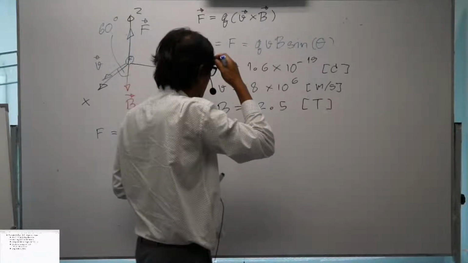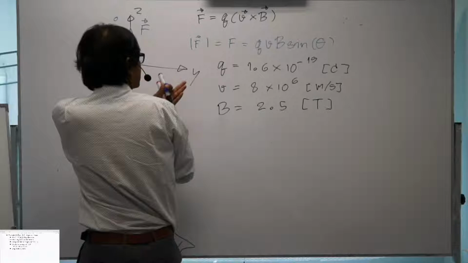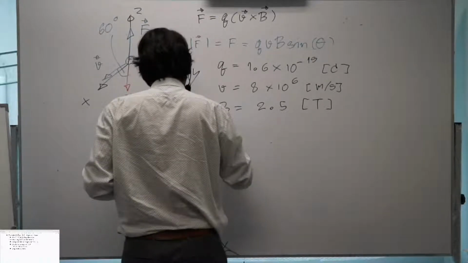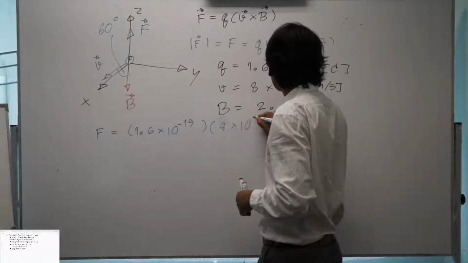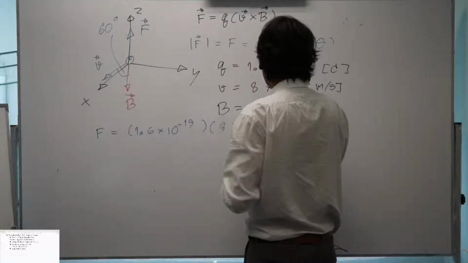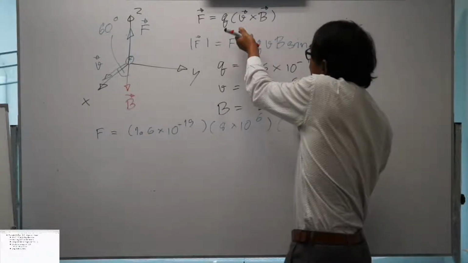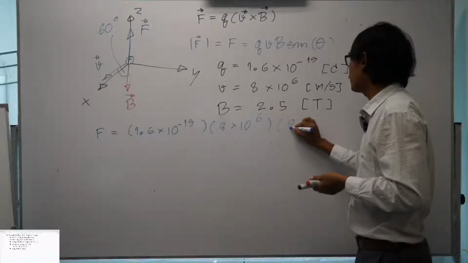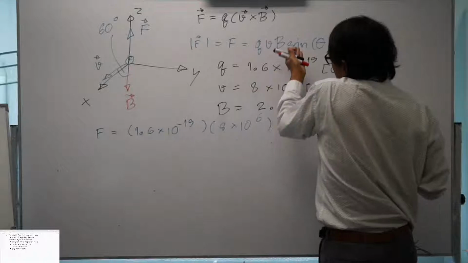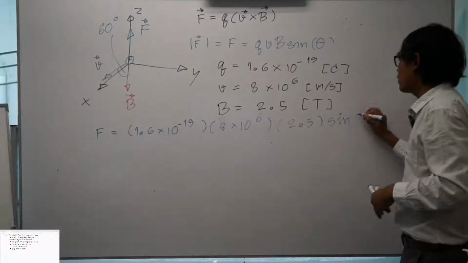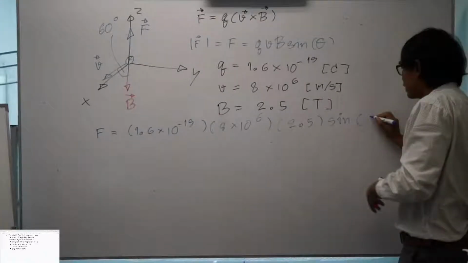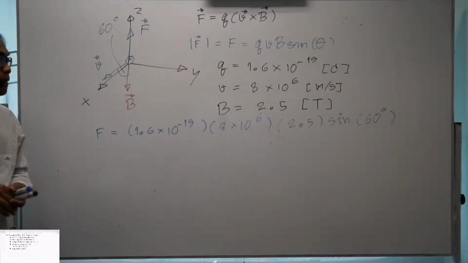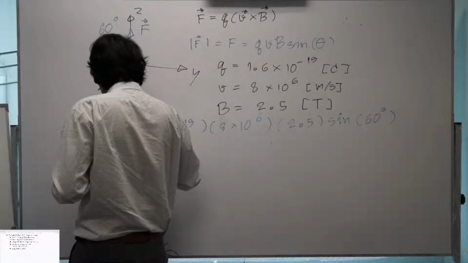F equals qvB sin theta: 1.6 times 10 raised to negative 19, v is 8 times 10 raised to the power of 6, and B is the magnetic field strength, the magnetic flux density, 2.5 Tesla. The last one is sin of 60 degrees, which is equal to 1/2.